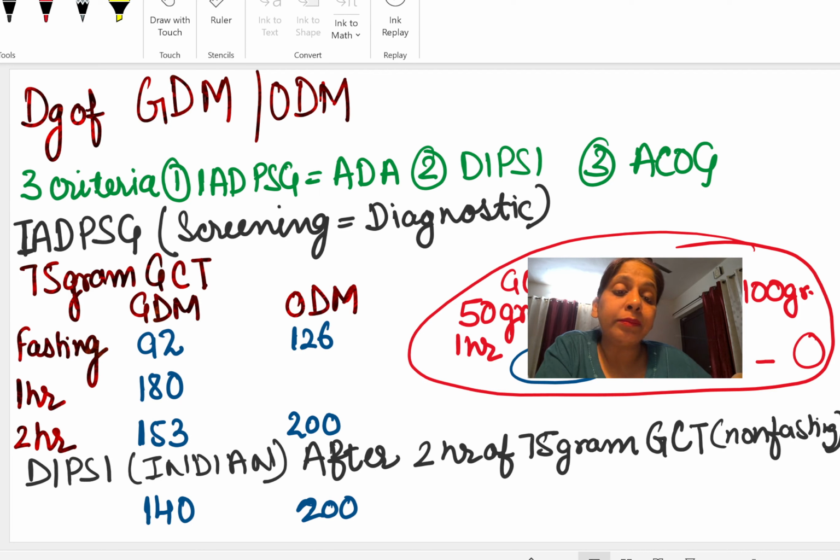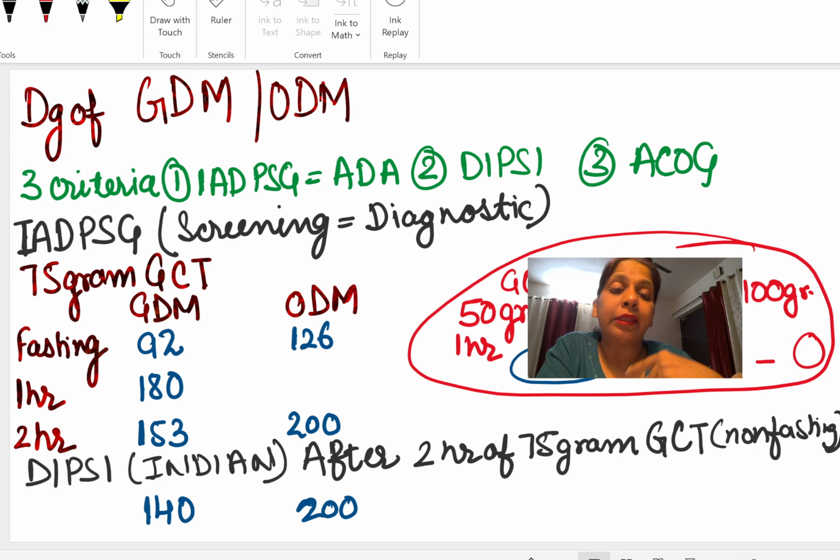If we call them the next day saying tomorrow you come fasting, they might not come. Okay, so they say that Indians are more prone to diabetes because they belong to the Asian community. So they have to be tested 2 times.